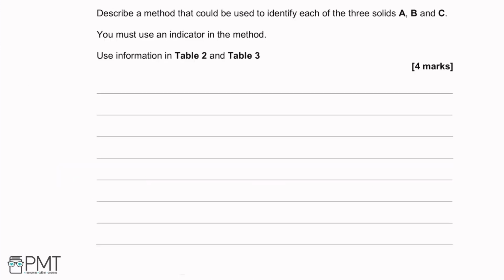So the question asks us to describe a method that could be used to identify each of the three solids A, B and C. You must use an indicator in the method, and we need to use information from table 2 and table 3. So basically in our answer we just need to write out our thought process that we used earlier.